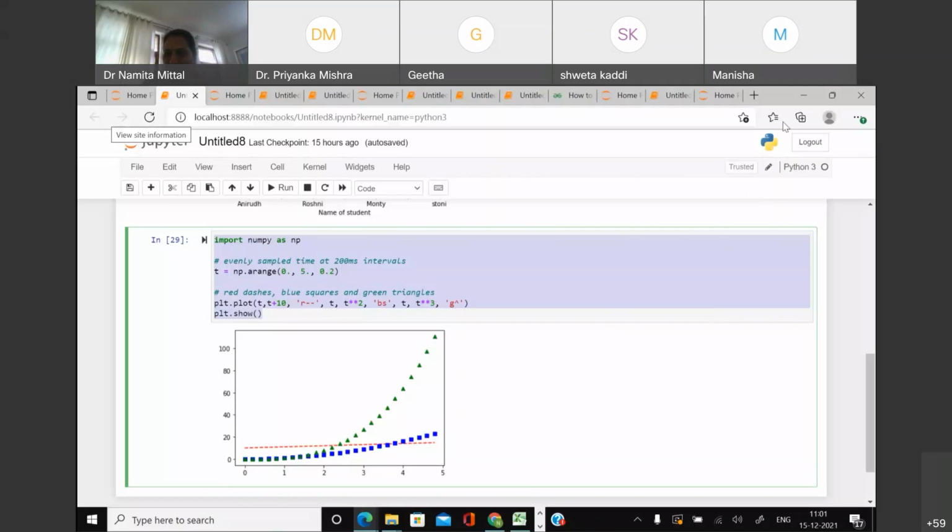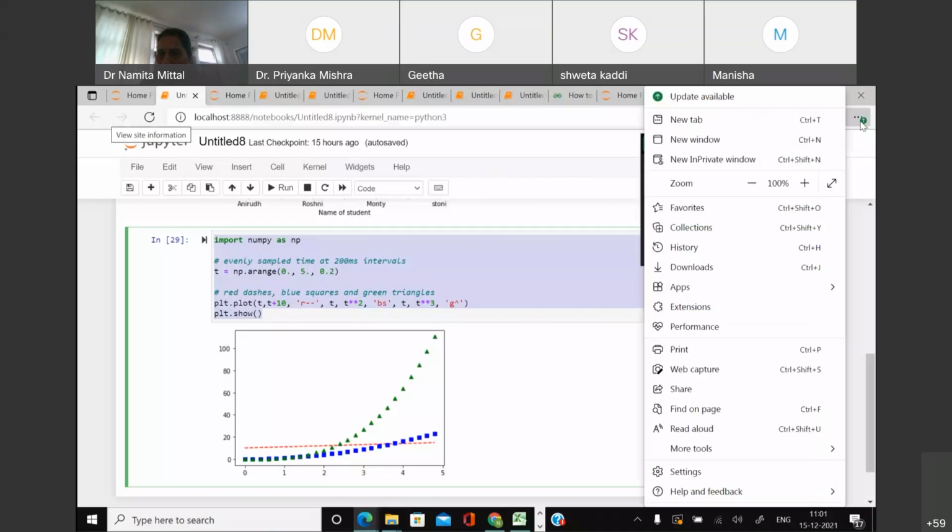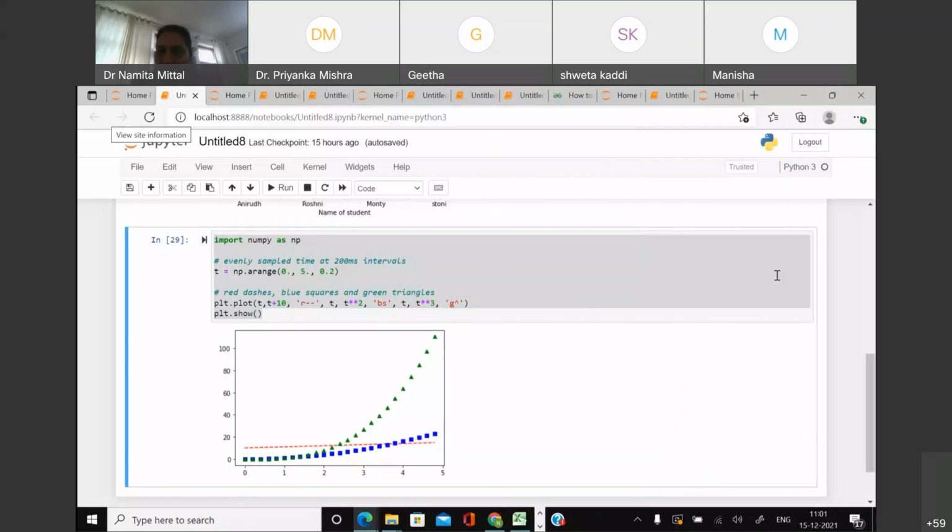I'll send at your particular chat box, ma'am. Hope you got it, ma'am. There is one symbol just beside of participants, I suppose. वो पूरा एक्चुअली मैंने सब मिनिमाइज कर रखा है। I am only on the Jupyter notebook.